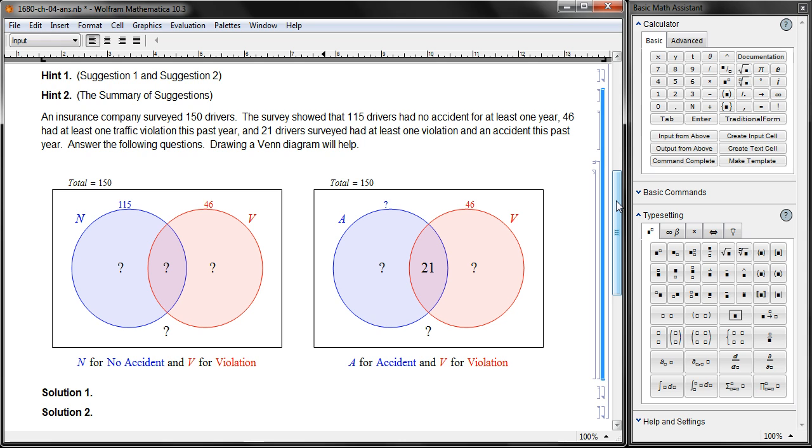Here are 2 ideas put together. N for no accident, V for violation. And here is a summary of hint. A for accident, V for violation. This is a summary of hints about the second idea. We'll talk about the solution of this problem in a separate video.